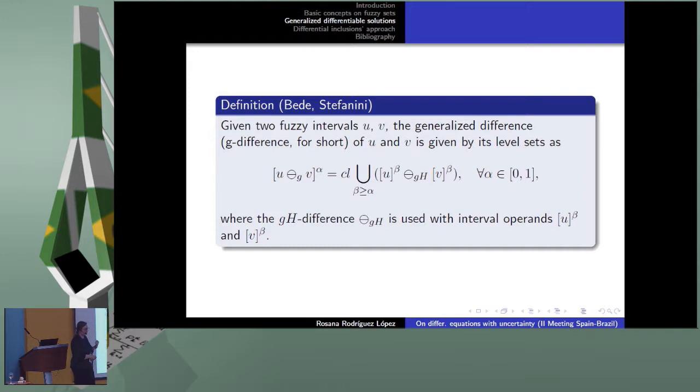The advantage of this difference is that here you have solved the problem of the existence. You can guarantee that this kind of difference is always going to exist also in the fuzzy case. The drawback of this definition is that it's very difficult to compute the level sets, in general, in an equation. To make a computation is very difficult with this notion, which is one of the most general at the moment.